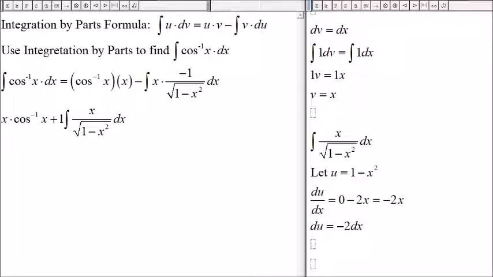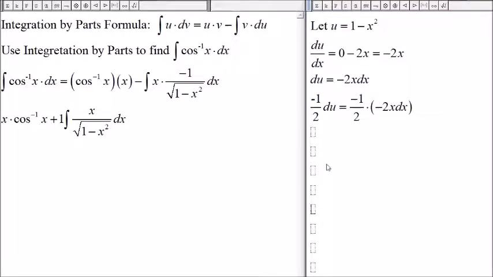Multiply both sides by -1/2. So we get negative 1/2 du is equal to x dx.